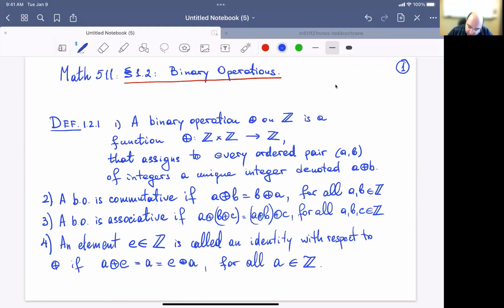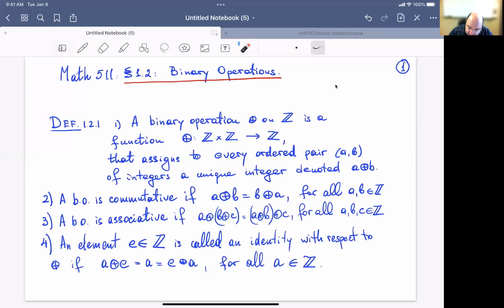Let me remind you that a binary operation, which is denoted by this symbol with a plus on the circle, on the integers is a function from the Cartesian product Z cross Z, meaning the ordered pairs of integers, into integers.